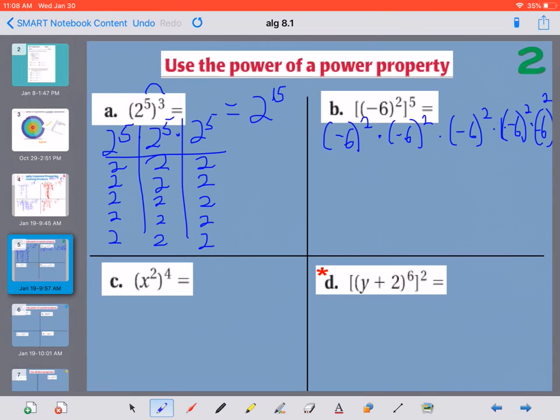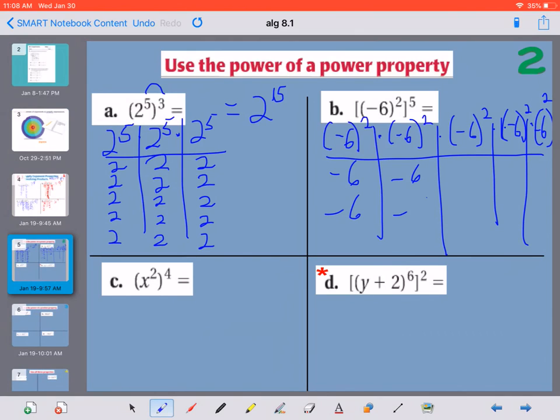So now each of these is saying that I have 2 -6s. So I would write -6, -6, -6, -6, and so on.